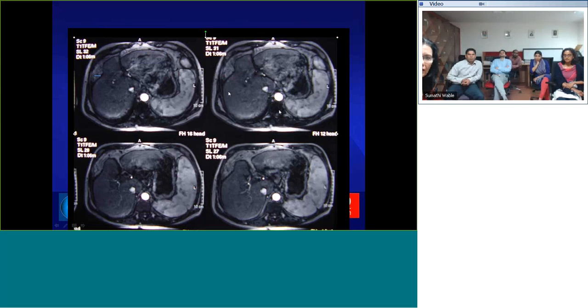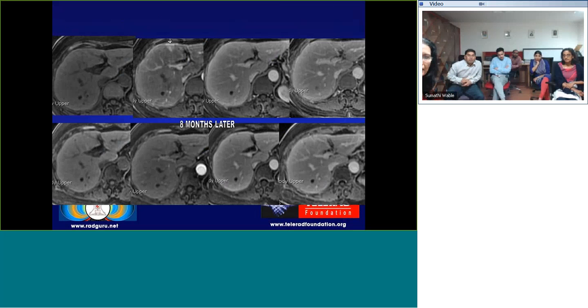Again, contrast, you're not going to see much contrast enhancement early on. And you're all familiar with these wedge-shaped transient areas of enhancement, just seen in the arterial phase, and you call it TAD on CT and THID on MR, transient hepatic intensity differences.